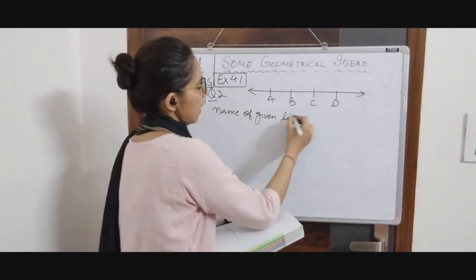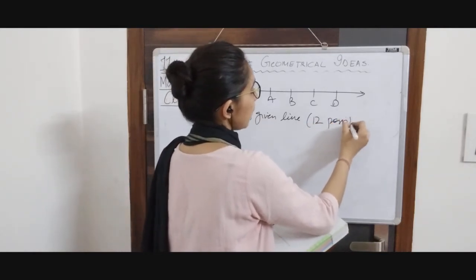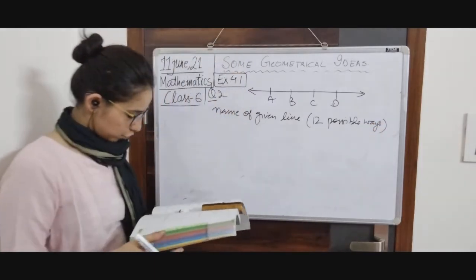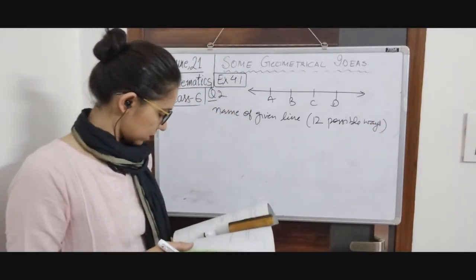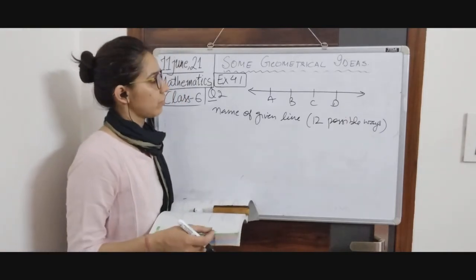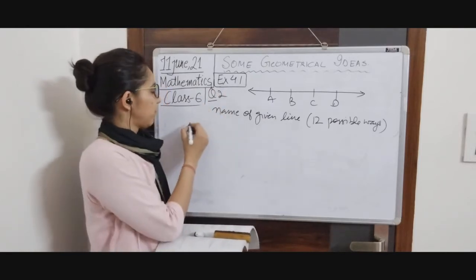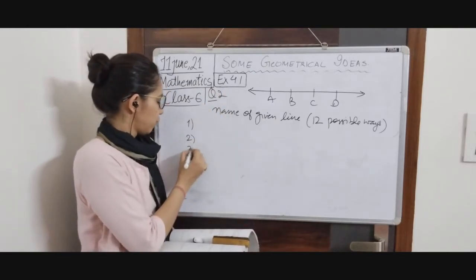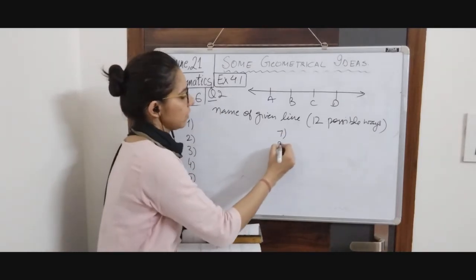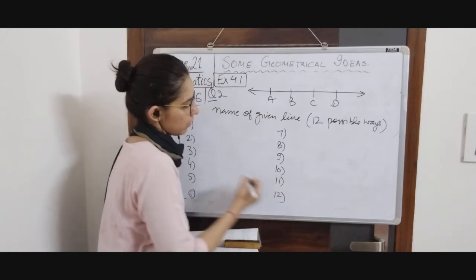They are giving a hint that we have 12 possible ways. It is going to be interesting. Choosing only 2 letters at one time from the 4 given above. Obviously, we are going to use only 2 letters for representing a line. So 12: 1, 2, 3, 4, 5, 6, 7, 8, 9, 10, 11 and 12.